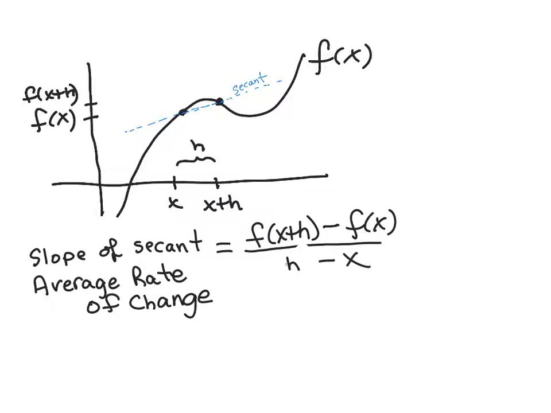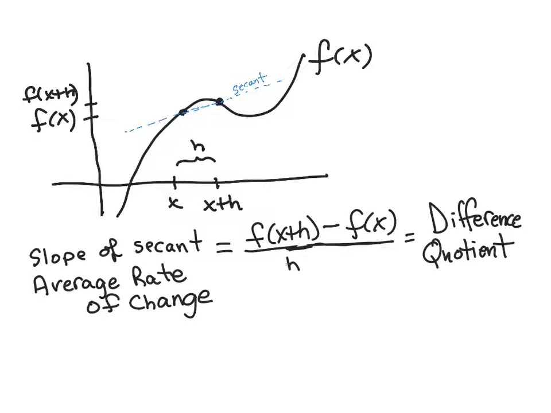And we're left with just h in the denominator. Some of you will recognize this. You did it, or you should have, in pre-calculus. This is the difference quotient. It's the slope of the secant line, and it represents the average rate of change.